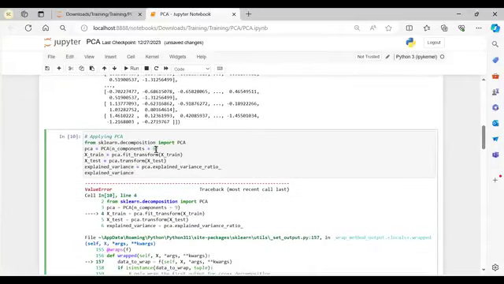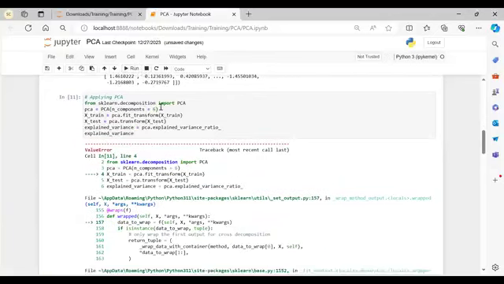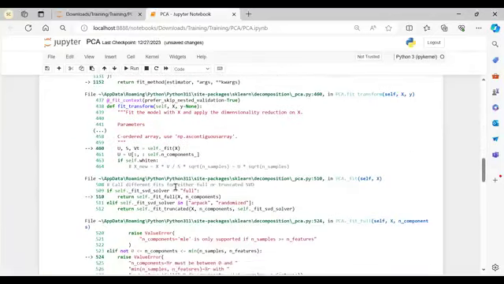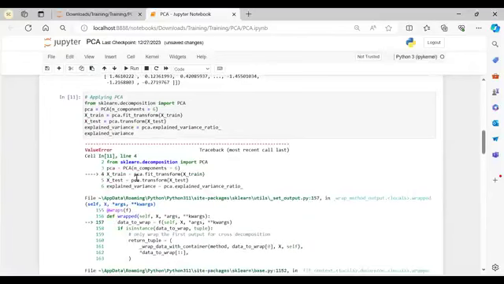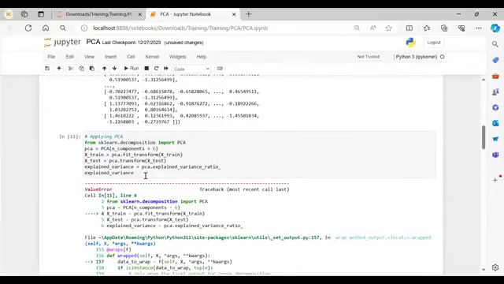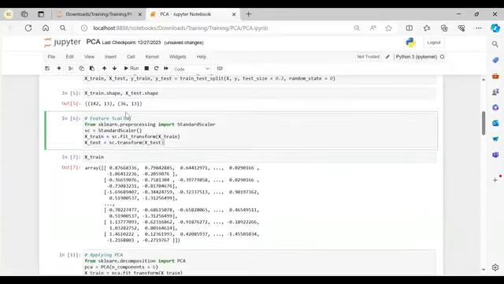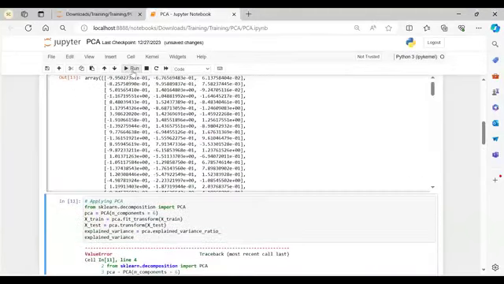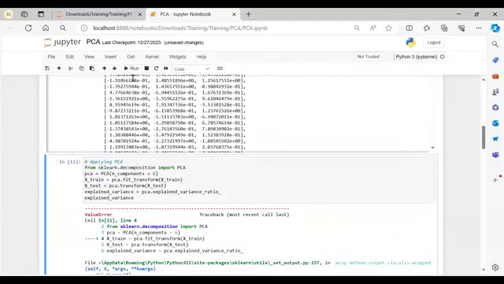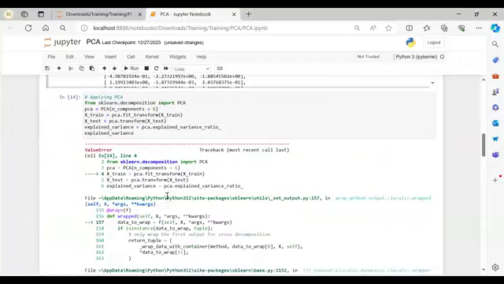Okay, features, why is it not coming? Okay, sorry. The training data set has been transformed, right? So that's the reason it is not coming. Okay, now it will work.